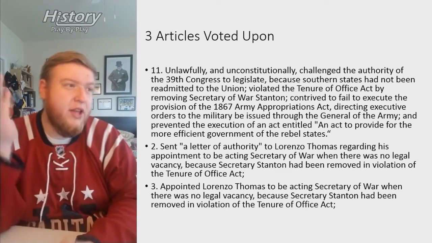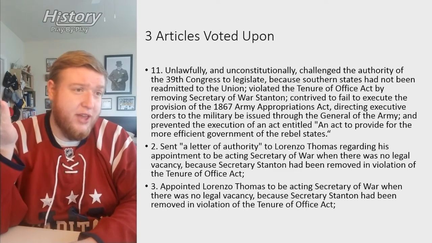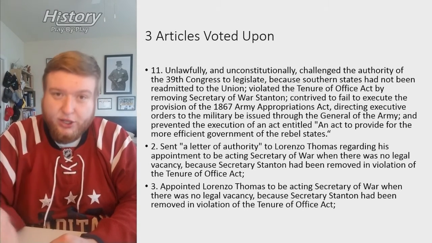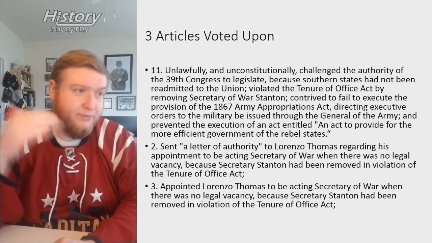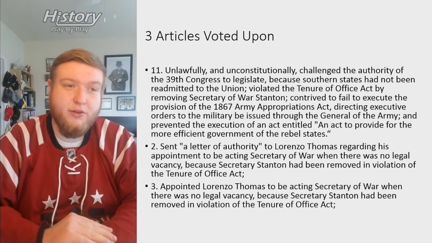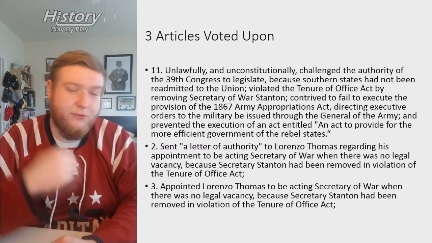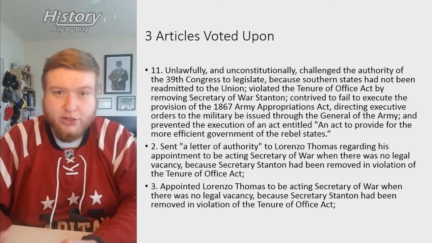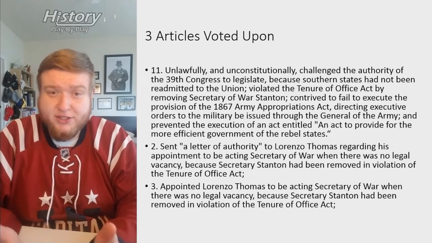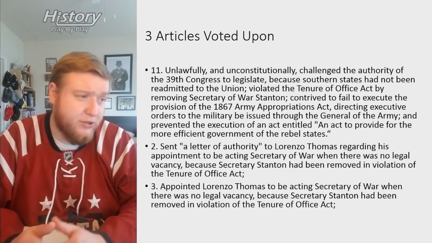So Article 11 is the first one voted on. It's that Johnson illegally violated the Tenure of Office Act by removing Secretary of War Edwin Stanton and failed to follow all the laws along with that, with notifying the Senate and going through proper channels.